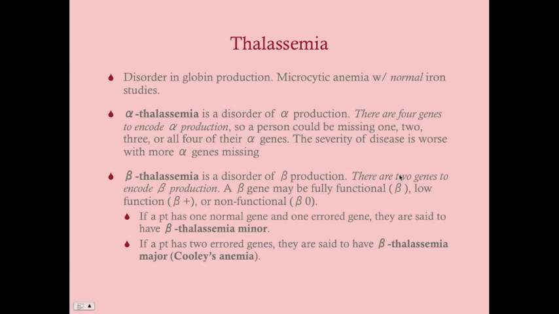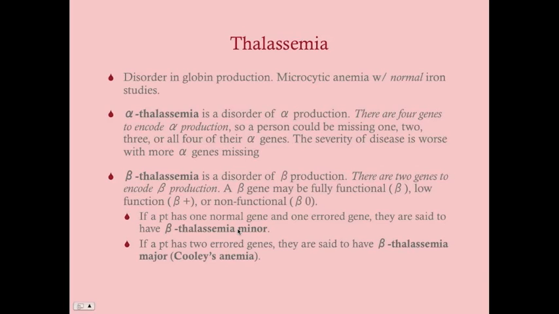If a patient has at least 1 normal gene and 1 error gene, regardless of whether it's beta plus or beta 0, they're said to have beta thalassemia minor. And that's a less severe state, as mentioned when it says minor. So as long as they have 1 normal gene, they have nothing worse than beta thalassemia minor.